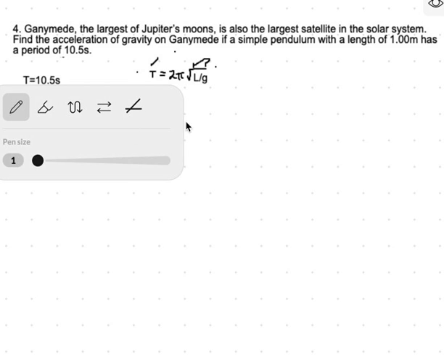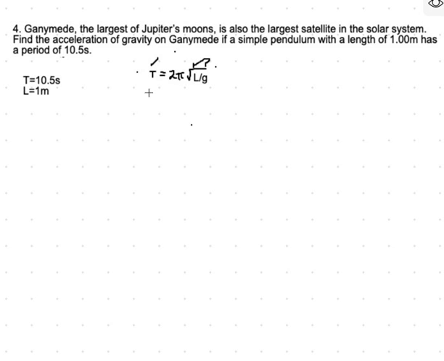So the first thing that I'm going to have to do is rearrange this formula to solve for G. First, I'm going to divide both sides by 2 pi, which gives me T divided by 2 pi on the left side, and the square root of L divided by G on the right side.